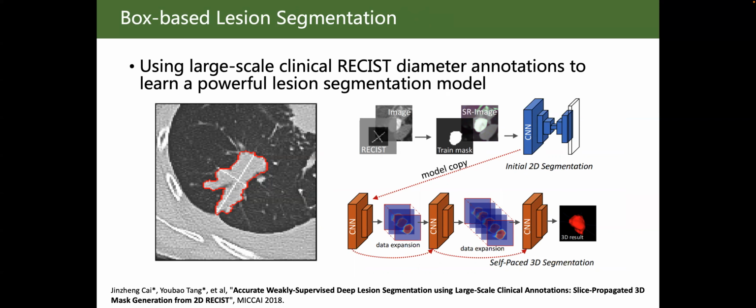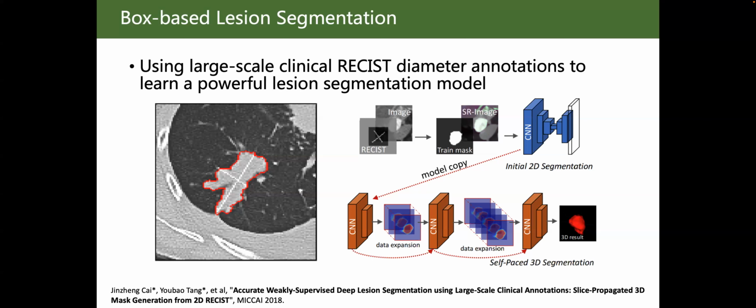Instead of using fully annotated data, we can try to use large-scale clinical RECIST diameter annotations to learn a powerful lesion segmentation model. That means we have to train the model using the RECIST annotation. We can see from the left image, the white cursors, and the model can get the red covers as the segmentation results.